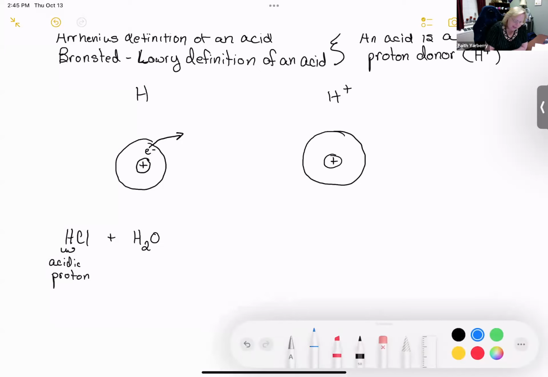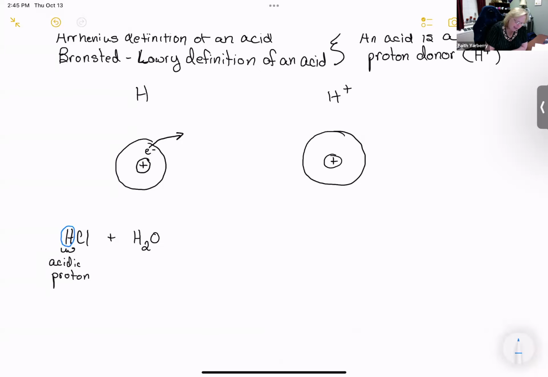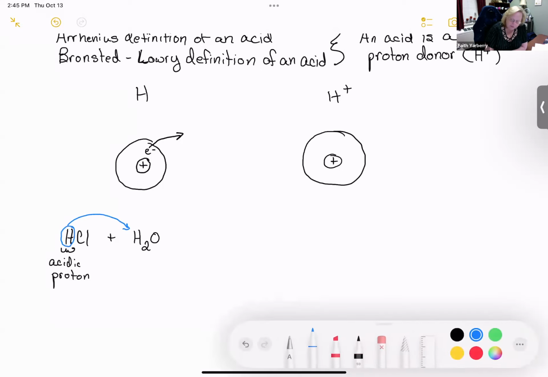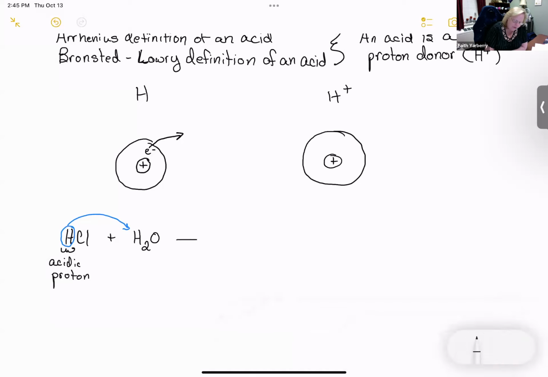Now, what happens is that the hydrogen in that substance is going to get donated to the water, and therefore you wind up making hydronium and the anion that's left over from the acid, which in this case would be the chloride.